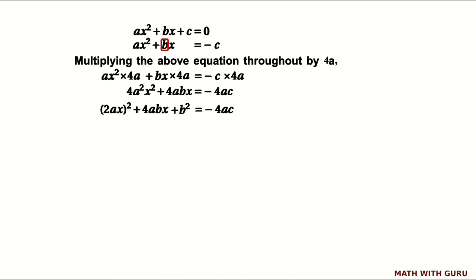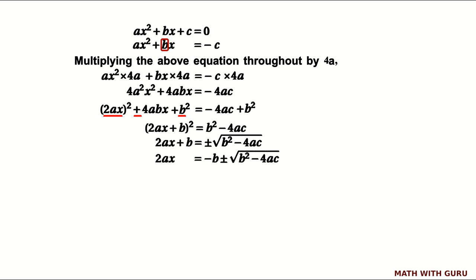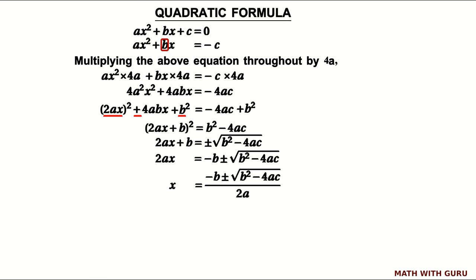Add b squared to both the sides, and this can be factorized as (2ax plus b) whole squared equals minus 4ac plus b squared, which can be written as b squared minus 4ac. 2ax plus b equals plus or minus root of b squared minus 4ac. 2ax equals, bring b to the right hand side, it will become negative, minus b plus or minus root of b squared minus 4ac. x equals minus b plus or minus root of b squared minus 4ac, whole divided by 2a. This is called the quadratic formula.